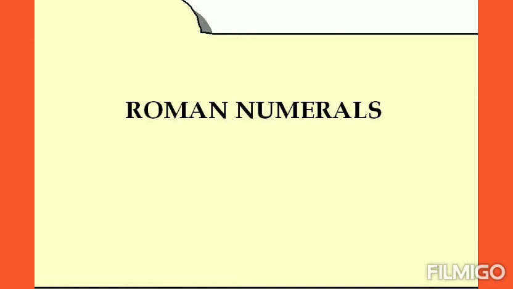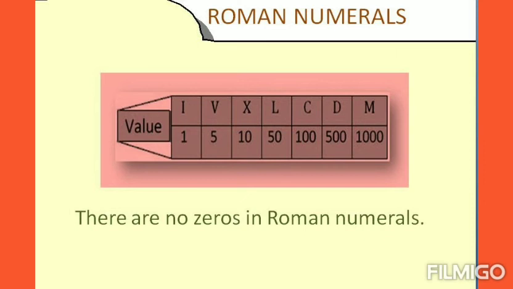Next, we are going to learn about Roman numerals. Children, do you know in our country we are using the numbers 1, 2, 3, 4 and so on. They are called Indo-Arabic numerals. But in Roman, the people are using 7 letters I, V, X, L, C, D, M as their numerals.